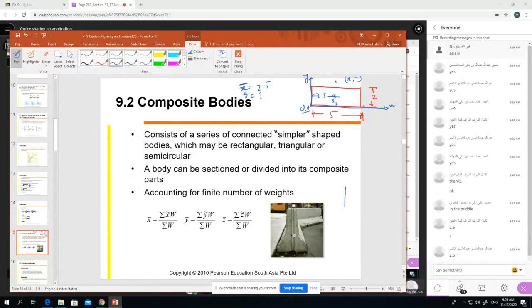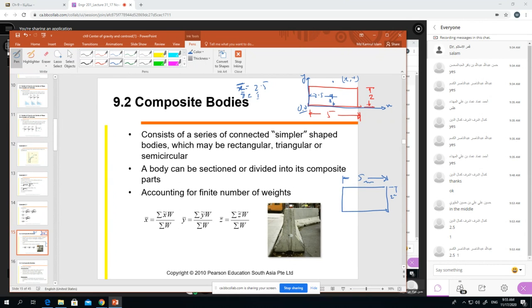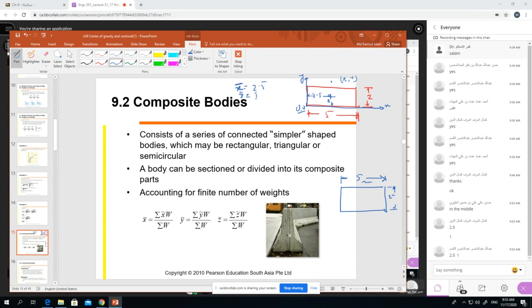But now the same diagram, with the same dimensions: 5 meters, and 2 meters. But our axes are in the middle.